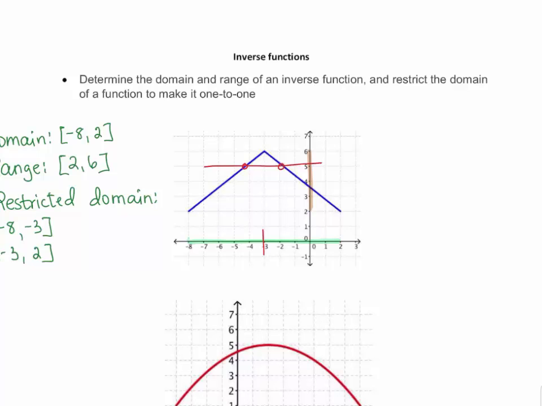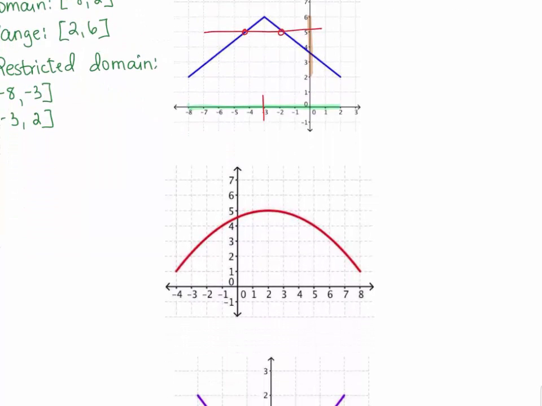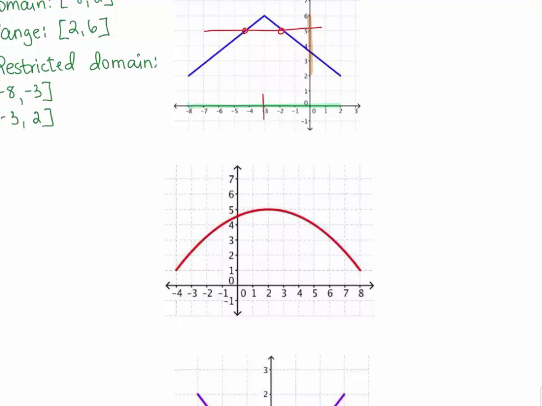Let's take a look at a couple more of these, but now we'll go a little bit faster. I have a parabola that's open down. So what is my domain for this function here? I'm going to highlight this domain with green. We go from -4 to +8.